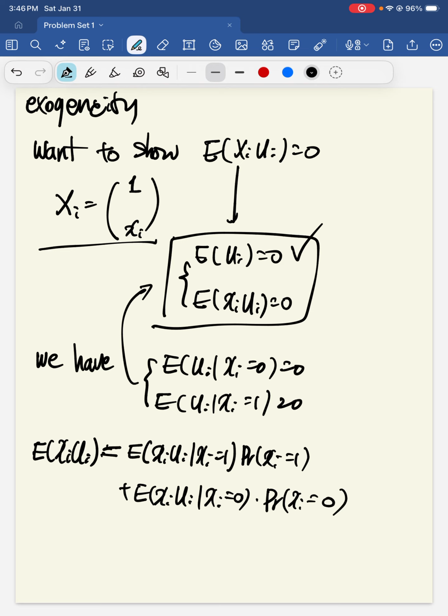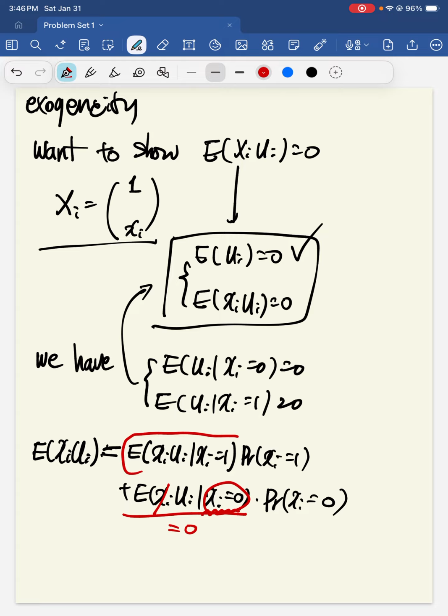Okay, here then, first, when x is 0, this will be 0, so this part is automatically 0 by construction. It does not need any assumption, right? So already x is fixed at 0, so x times u is always 0 no matter what u is.